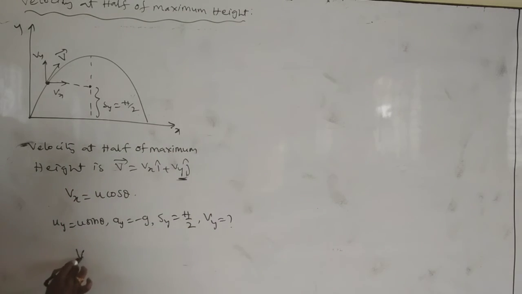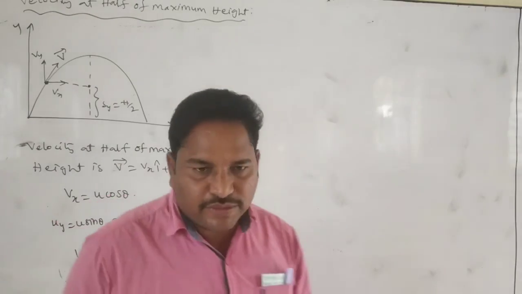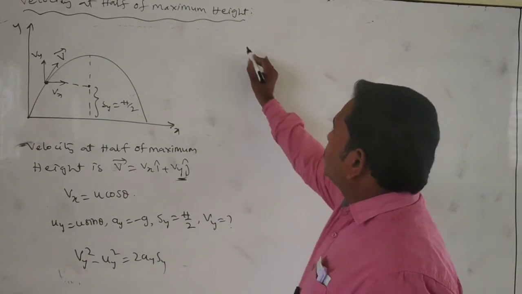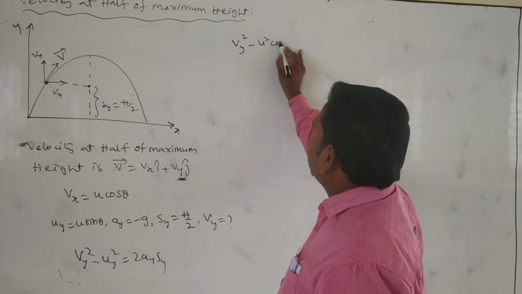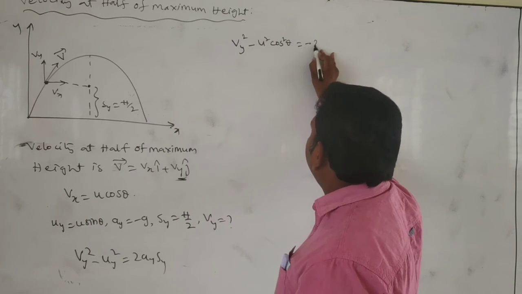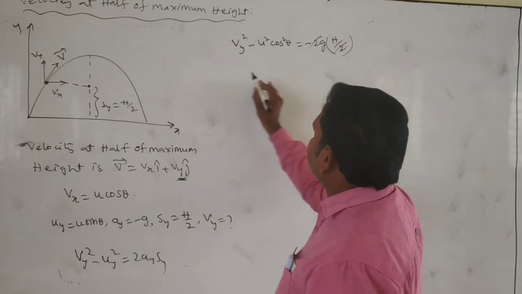So v square minus u square equals 2as. So it's vy square minus u square sin square theta equal to minus 2g into h by 2. So h cancels.